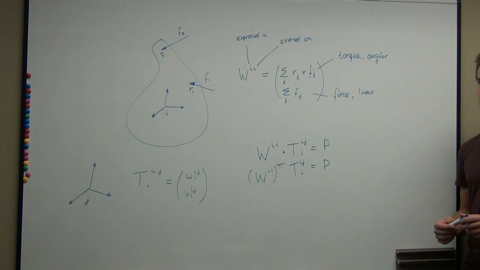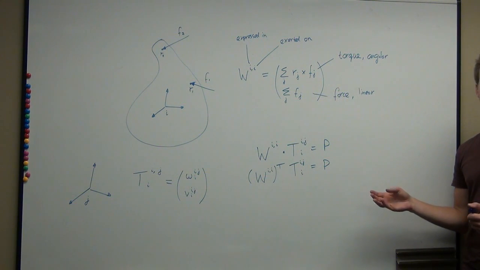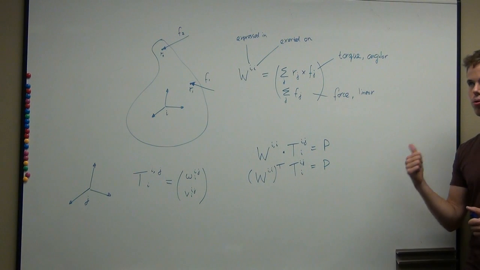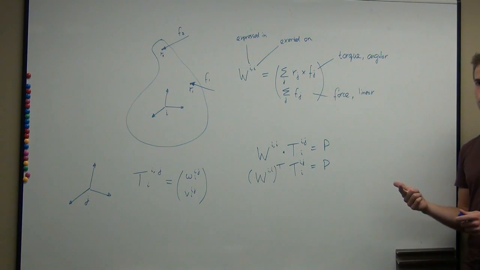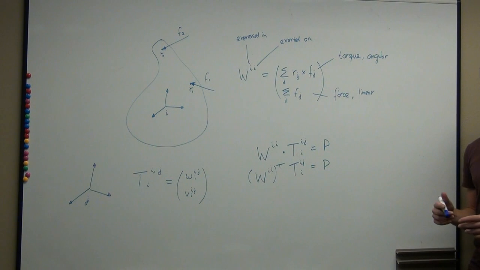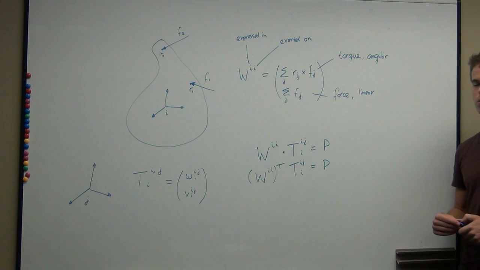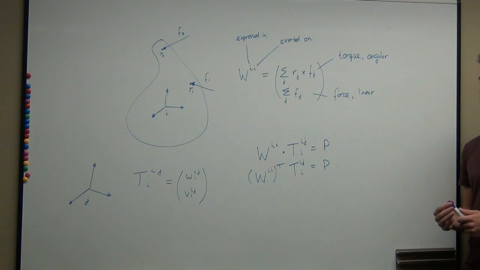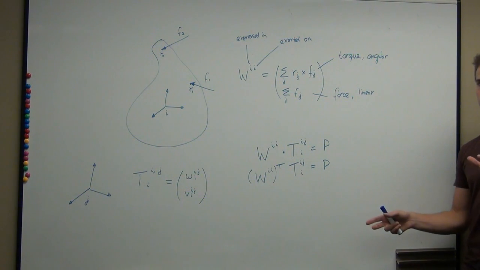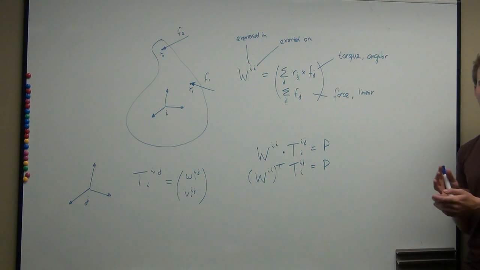If you have two wrenches exerted on a body that are expressed in the same frame, so they need to be both exerted on the same body and expressed in the same frame, then you can add them up, and the net wrench has some meaning, of course. You can also add up wrenches exerted on different parts of the mechanism, and then it's the wrench exerted on the mechanism as a whole.